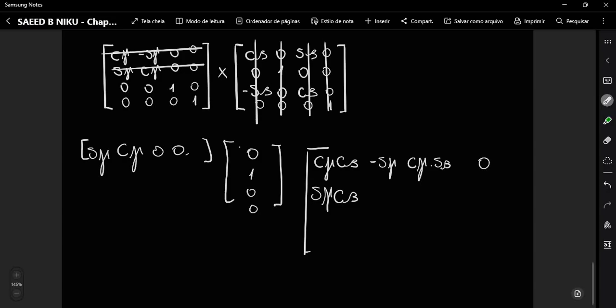So right here is cosine of gamma. And now sine of beta, 0, cosine of beta, 0. So it's sine of gamma, sine of beta. And right here is 0.